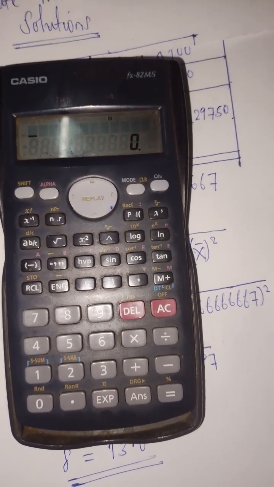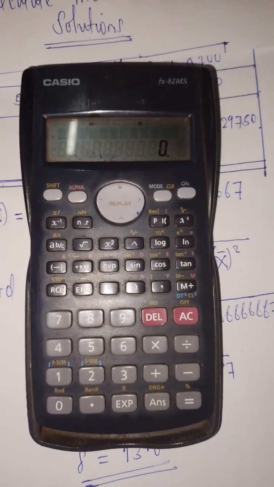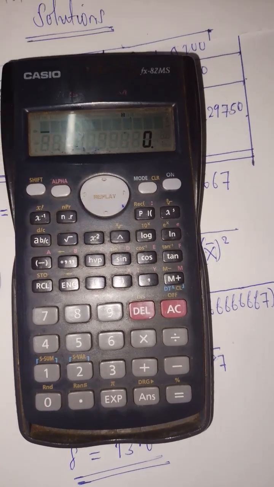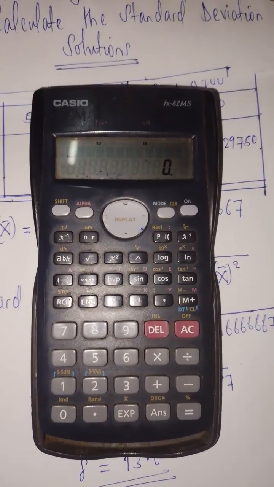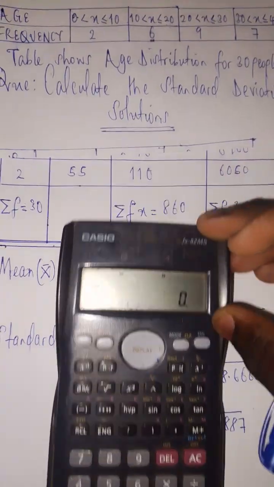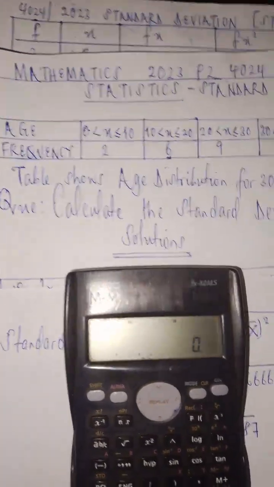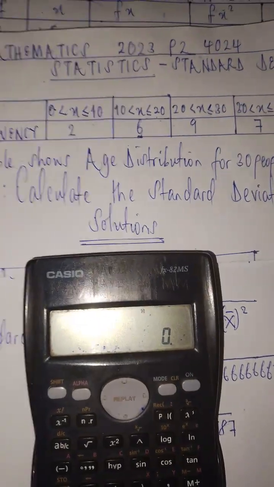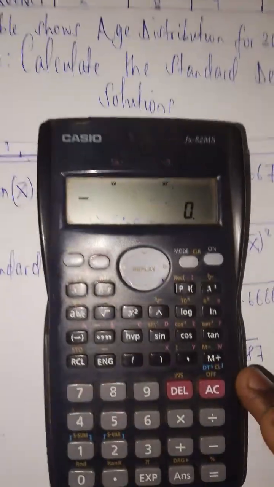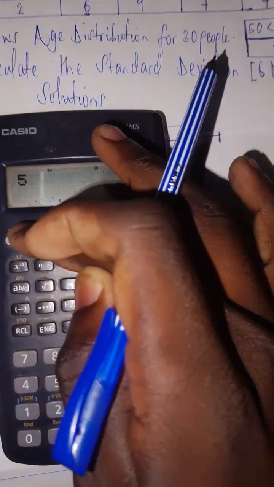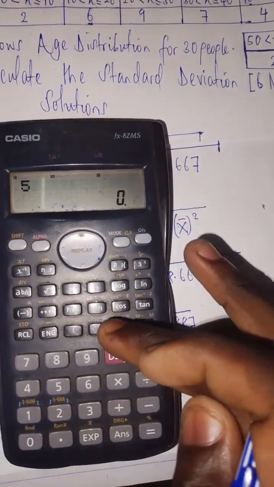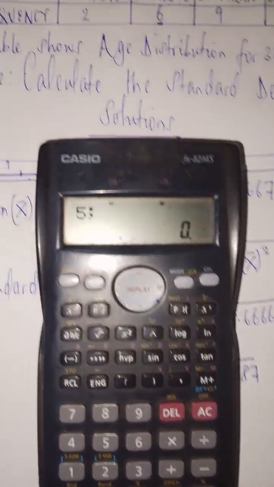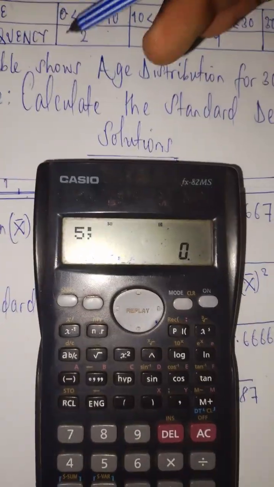Then what I'm going to do here is that I'll be starting with the midpoint. Using our question which was asked here, the midpoint we found to be 5. So I'm going to say 5, then I'll press shift, semicolon, then the frequency was 2.